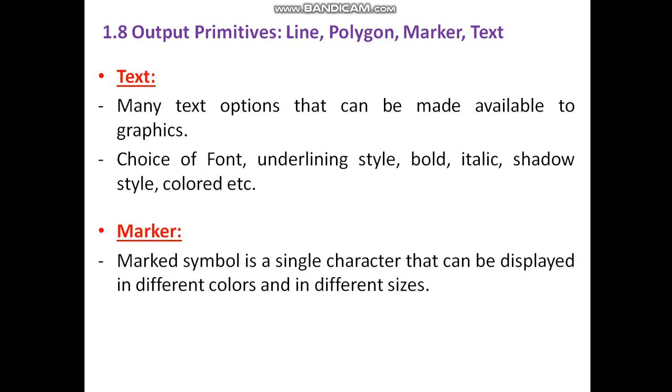Then text. Many text options can be made available in graphics: choice of font and underline style. We can underline the text, make it bold, or italic. These options are used for changing the font size, character size, or text size.